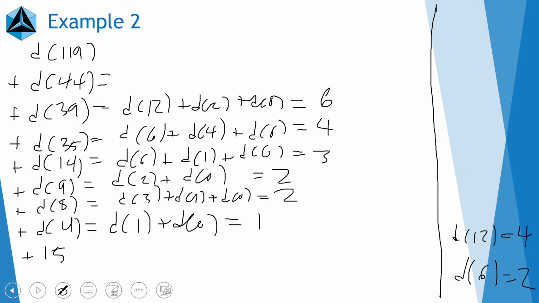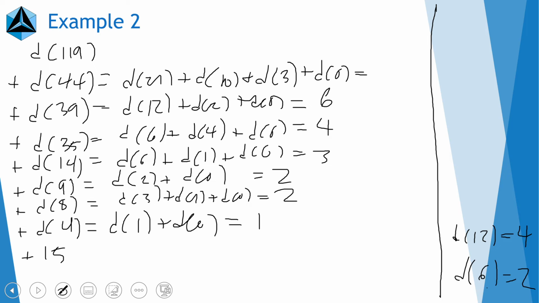D of 44 is going to equal D of 21 plus D of 10 plus D of 3 plus D of 0. So at this point, this is really just bashing, but it's not as big of a bash as compared to just brute forcing.